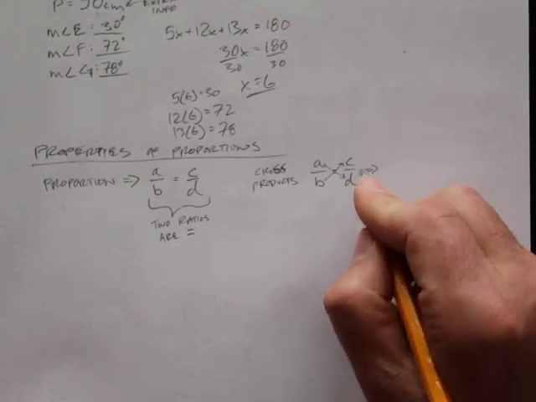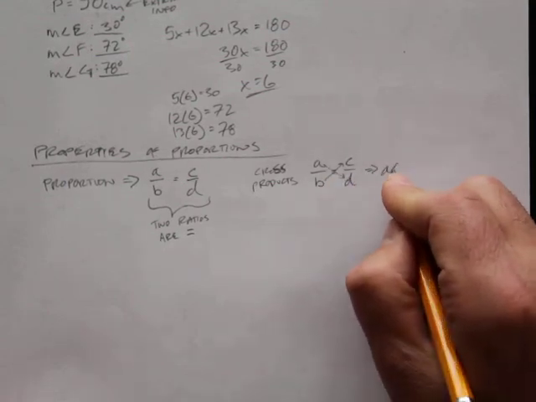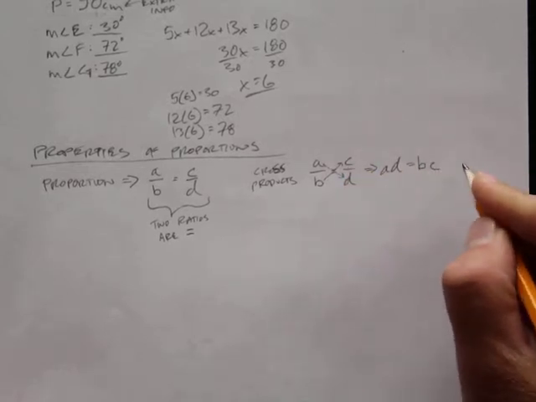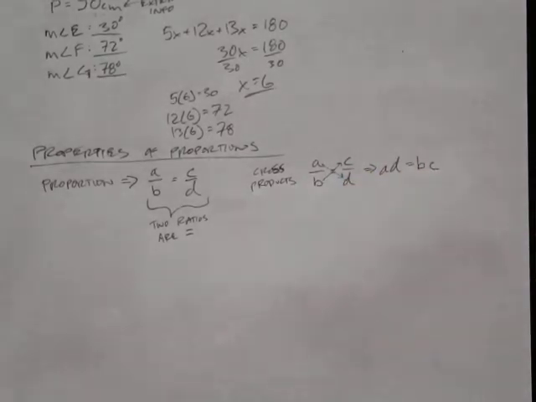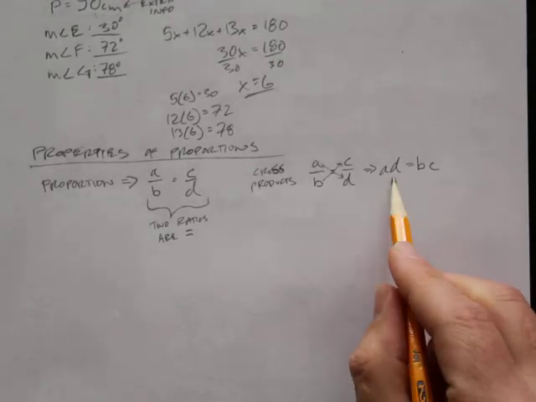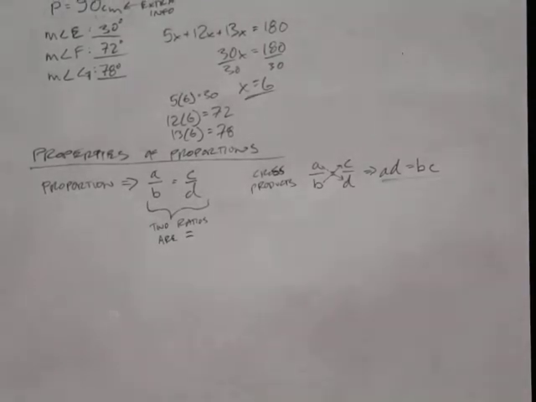So what we get is A times D equals B times C. Now we could go through an explanation of why that works, but instead we're just going to keep moving on.